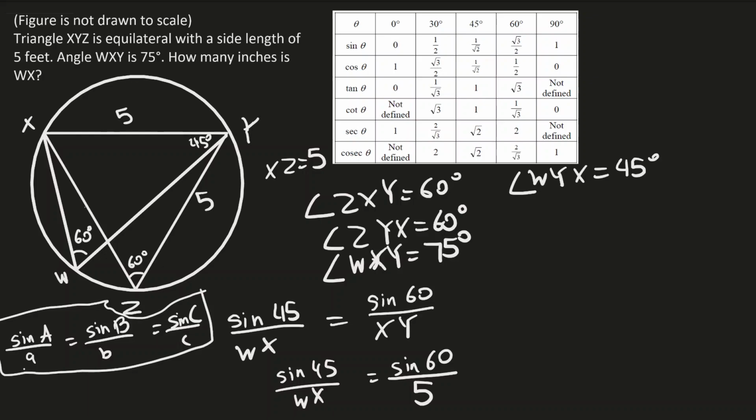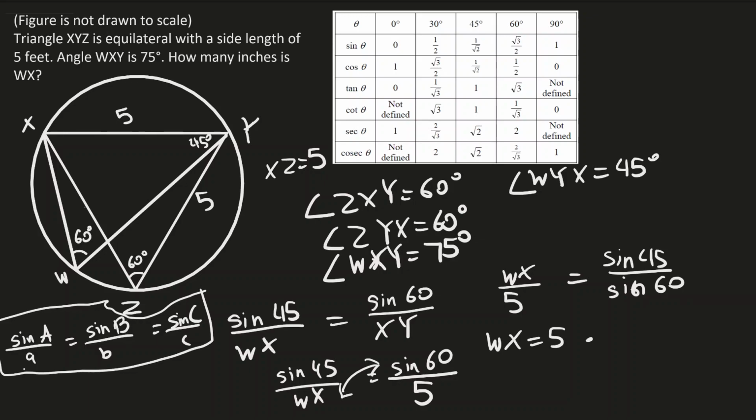Now let's start moving some numbers around. We can say that WX over 5 equals sine 45 over sine 60. Basically, we just switched these two. Now we have length WX equals 5 times sine 45 over sine 60.